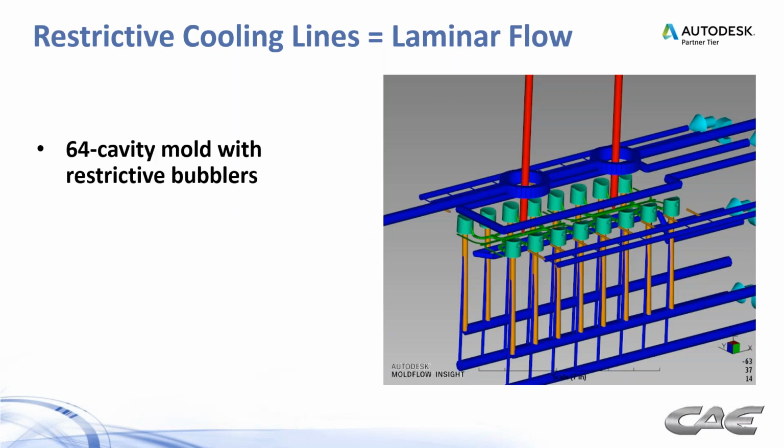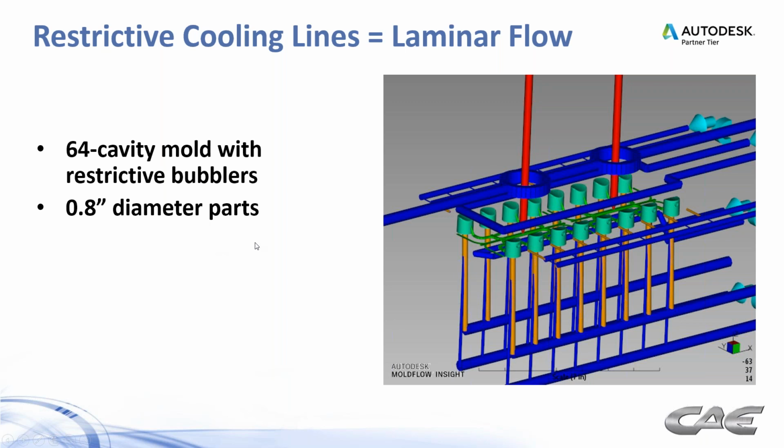So in this case here, maybe you have molds that you work with that are high cavitation. Here's a look at a quadrant of a 64 cavity mold. Initially the design had very restrictive bubblers in there. Some of you may call those cascades if you live in Canada, but we'll call them bubblers.